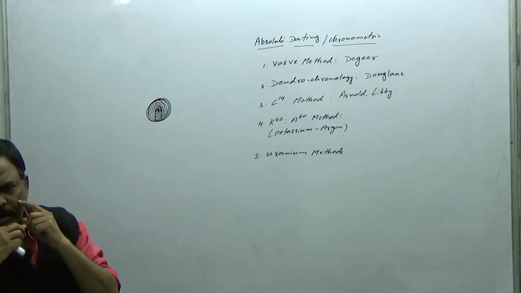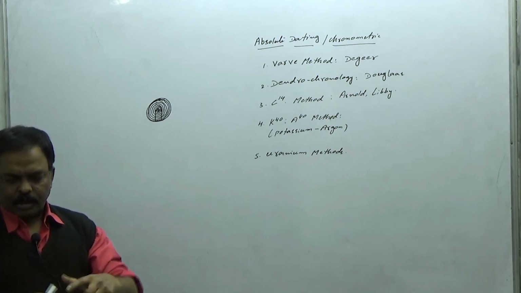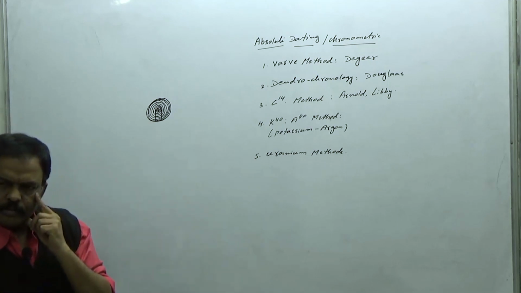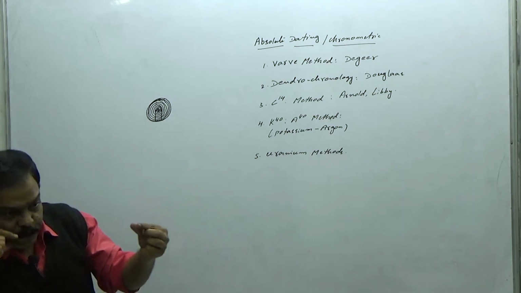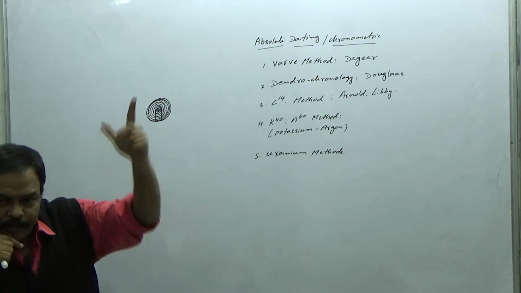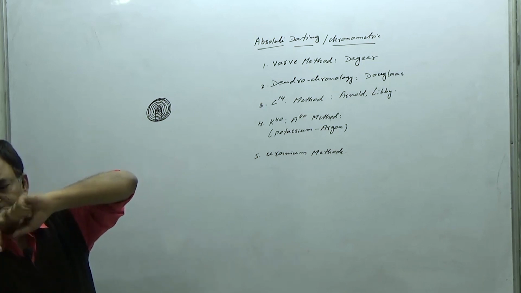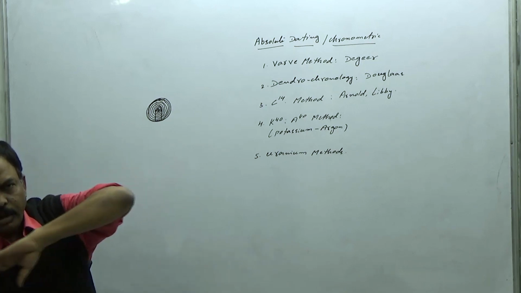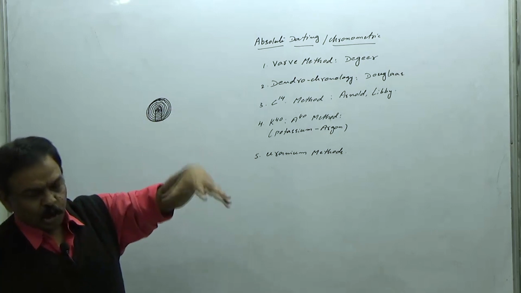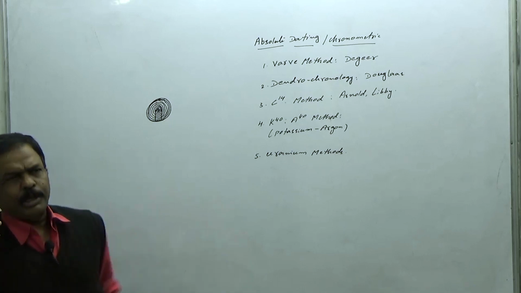The reason is that trees living in a particular environment produce similar annual rings. The ring structure and thickness are based on environmental factors like temperature, humidity, rainfall, and so on. So if 100 trees are in a particular location, they are exposed to similar environmental conditions, so automatically they produce similar rings.